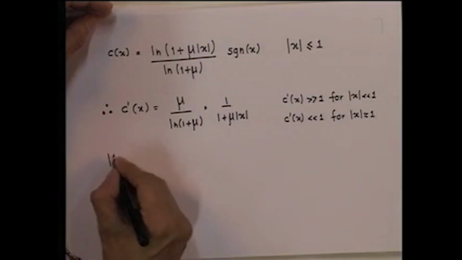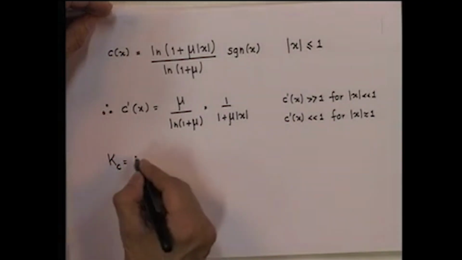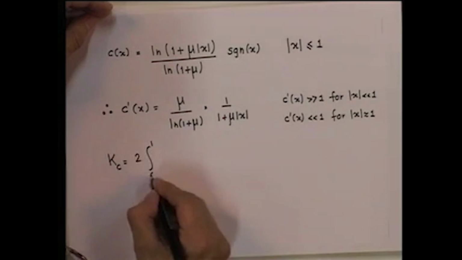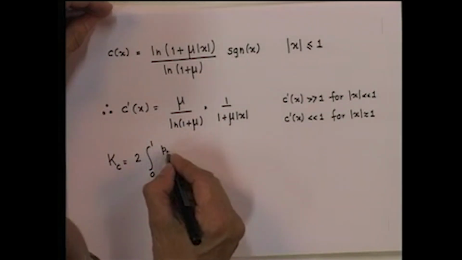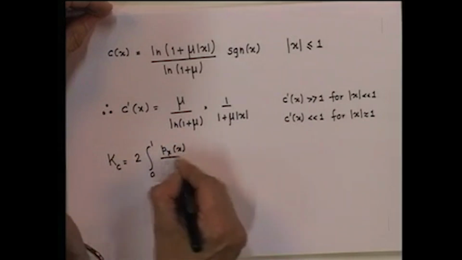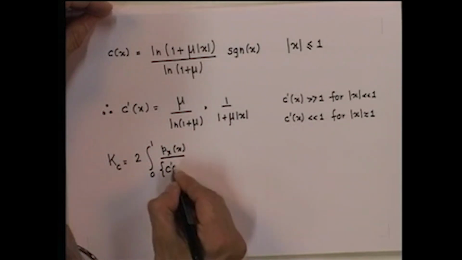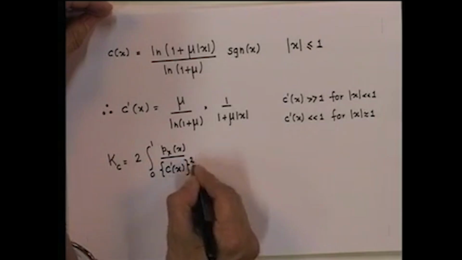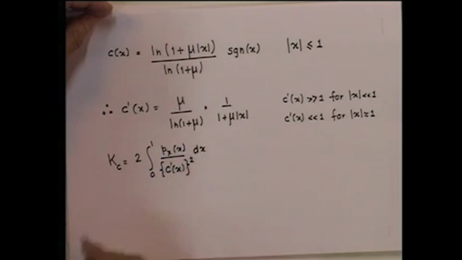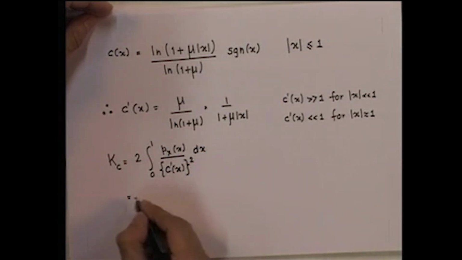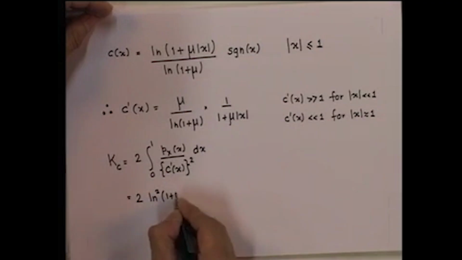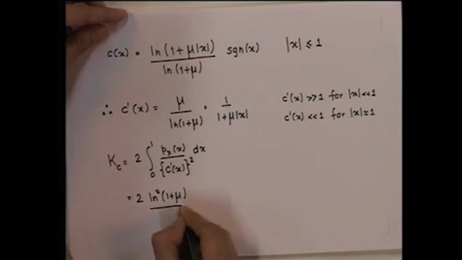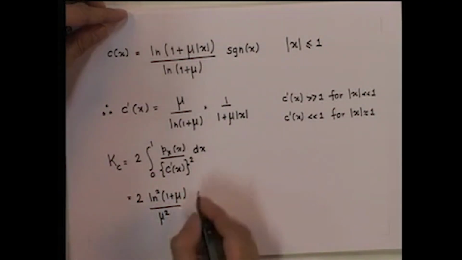Therefore, in this case K c, which is equal to twice the integral from 0 to 1 of p x times c dash x squared, is equal to twice log squared of 1 plus mu by mu squared.